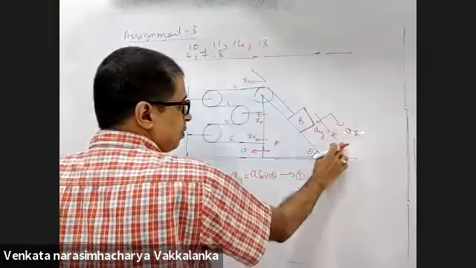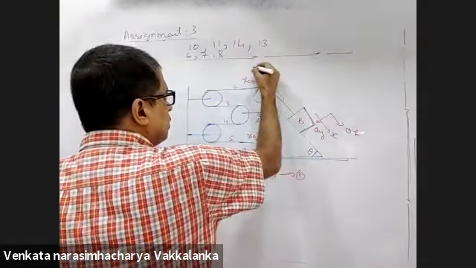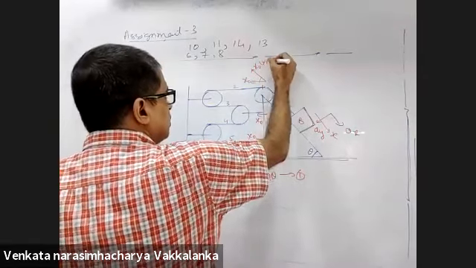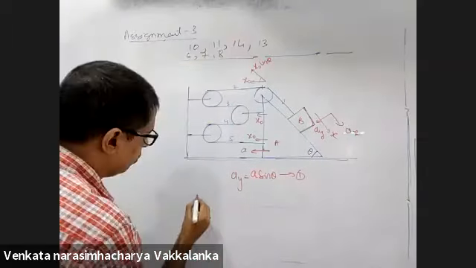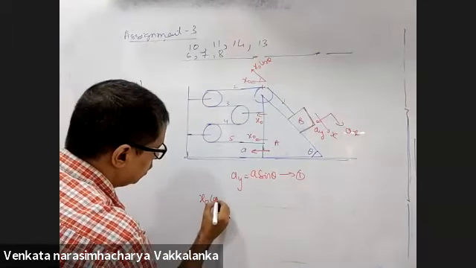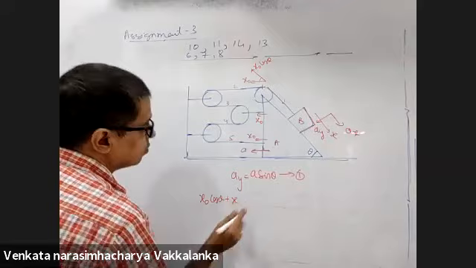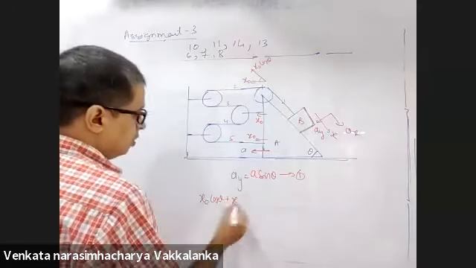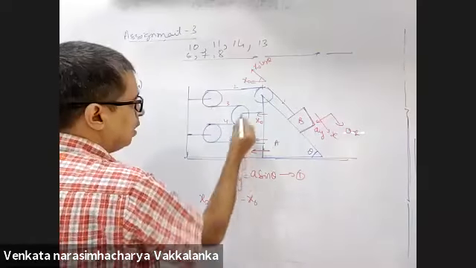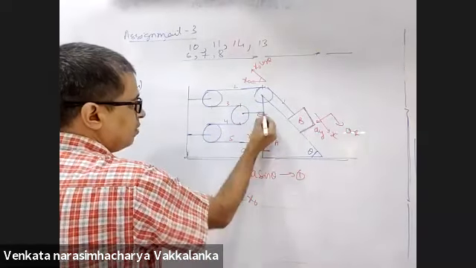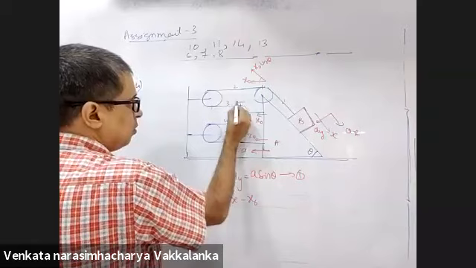Segment 1, if I am solving with respect to ground, this will be x naught cos theta. Segment 1, both endpoints are moving away. x naught cos theta plus x. This will be minus x naught. If this is moving by x naught, this is moving by x naught.